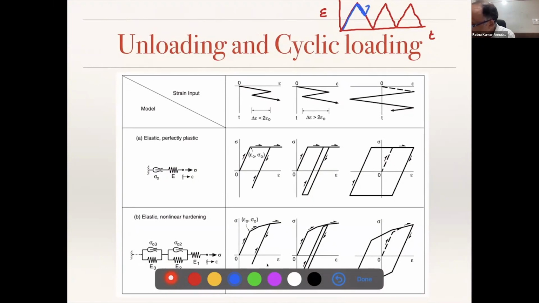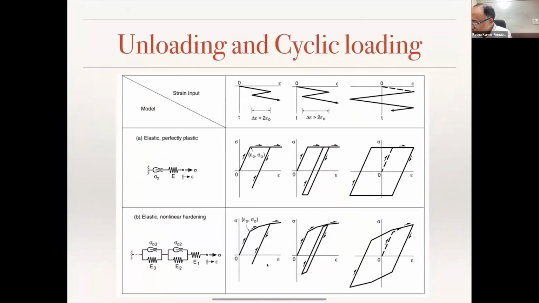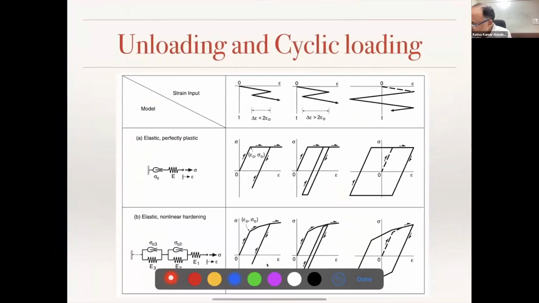So during unloading, if you go to a certain value, with delta epsilon less than 2 epsilon naught, that means you are not initiating any plastic deformation. Hence when you unload and then reload, the path will be completely elastic. Is this point clear?